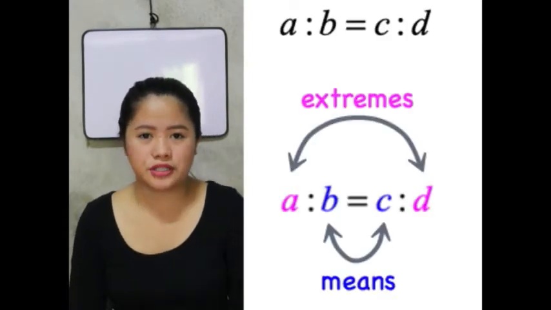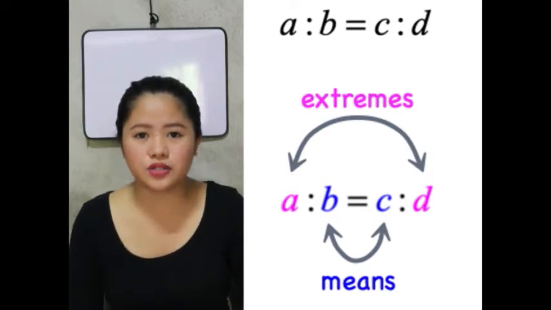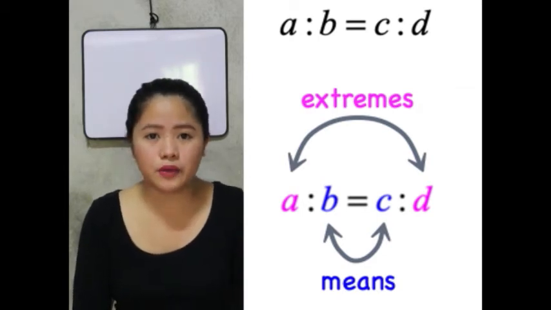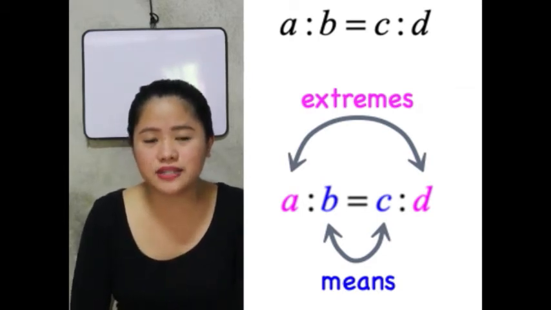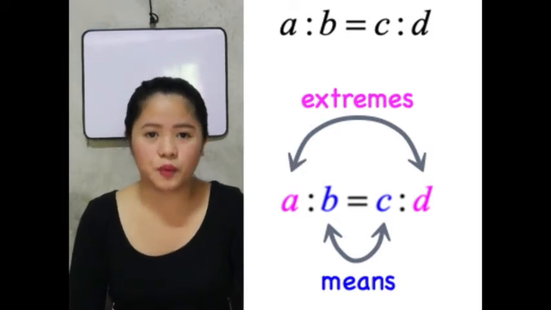Now, we have the basic principle in proportion: the product of the means is equal to the product of the extremes, wherein the means are located in the inner part of our proportion and the extremes are located on the outer part of our proportion.